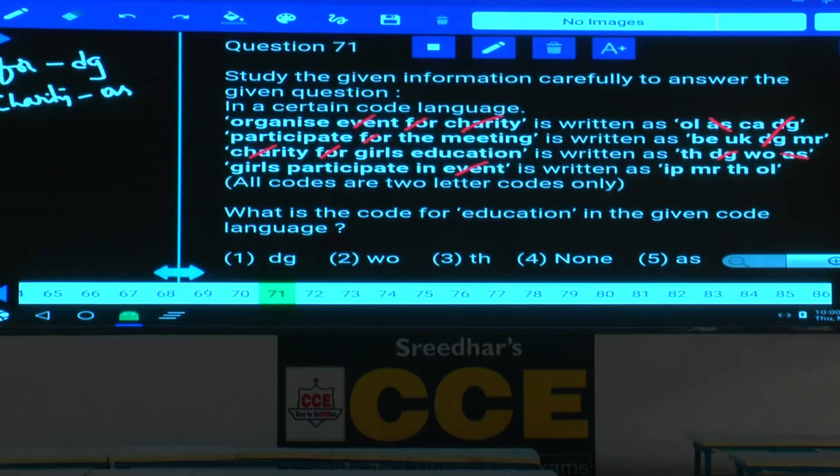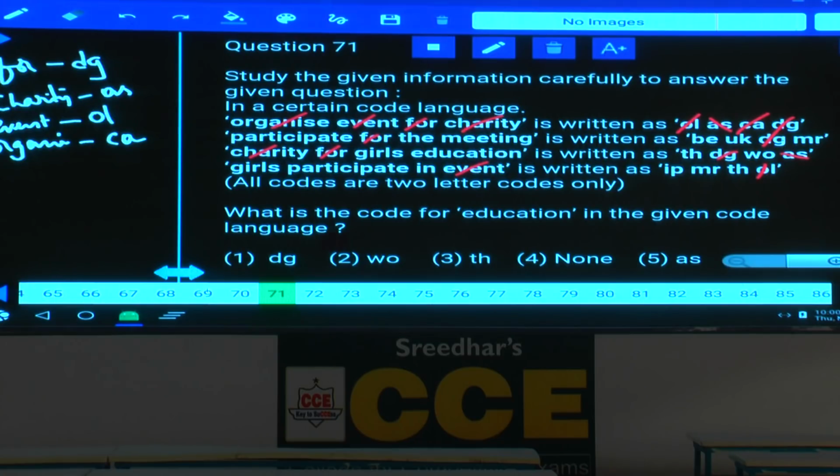Compare the first and the fourth. Event is common. And the code which is common is OL, CA. OL is common. And the code to the word event is OL. Then coming to the first statement, organize is the word which is left over and the code is CA. And the code to the word organize is CA.